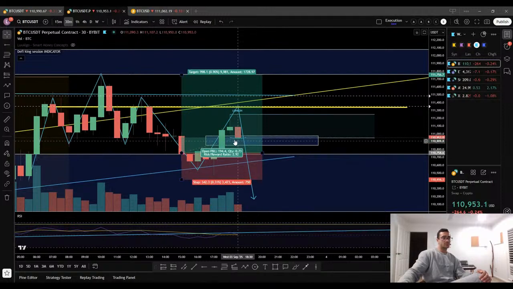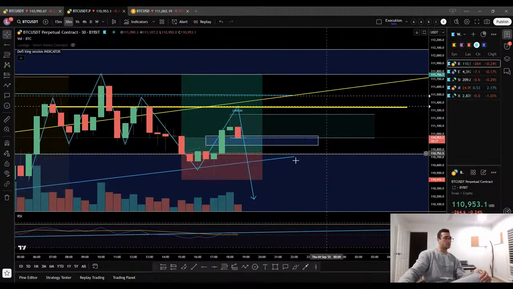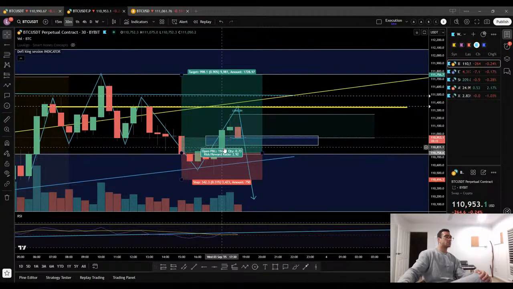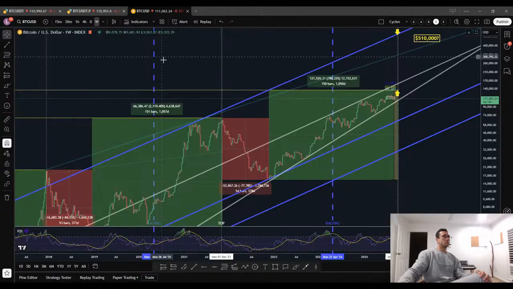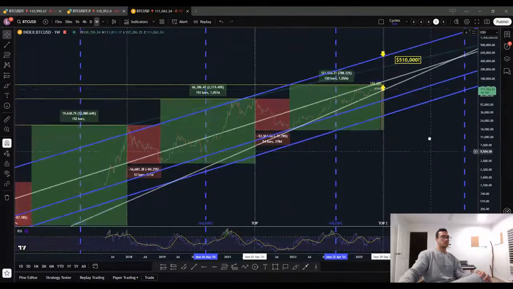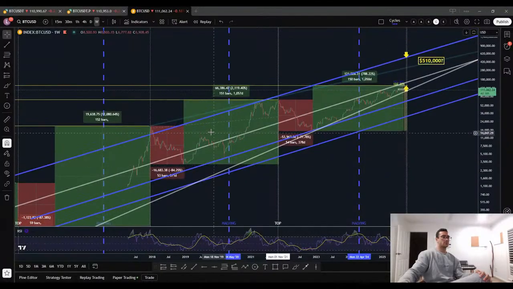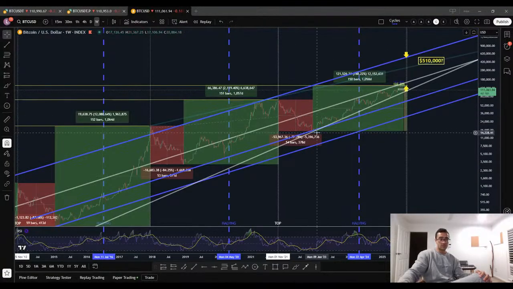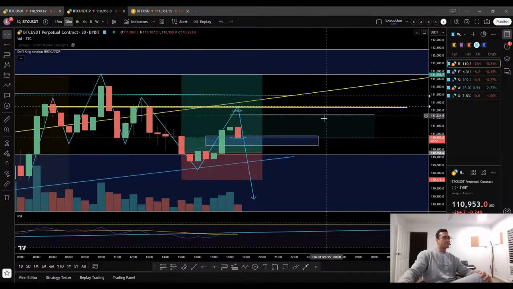That's grabbing orders. Grabbing orders. This is the Bitcoin halving events as well as the bull markets and bear markets. Anyway.